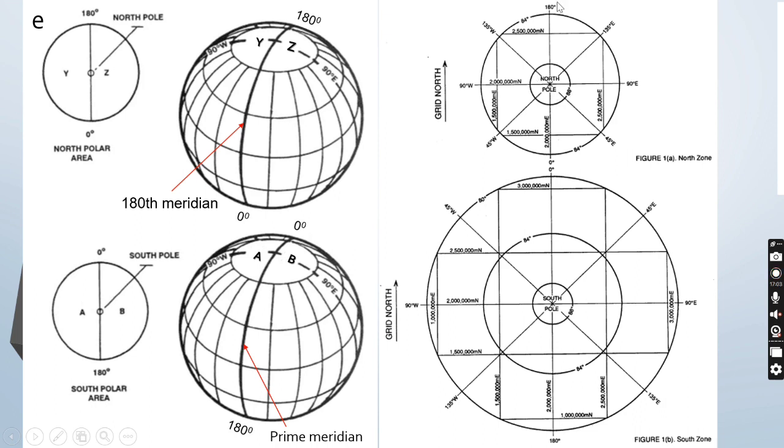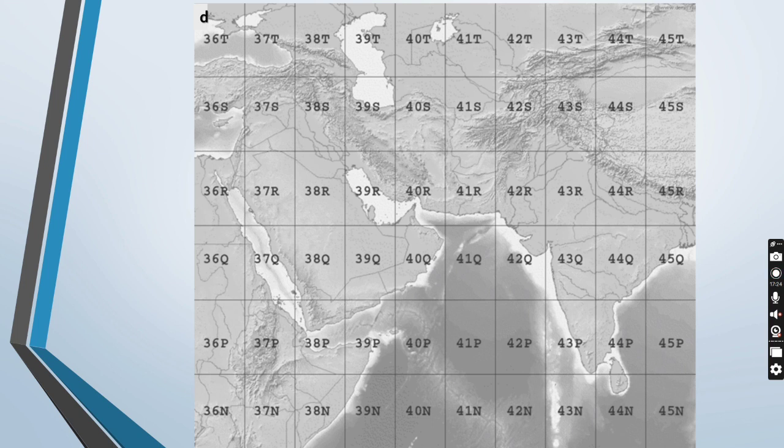Now here you can see the 0 to 180 line, this is 135 degrees east. Okay, this is 90 east. Here 0 to 180 like this, 45 degrees east will come this side. So for UPS, this kind of projection understanding is very much required and essential for the polar parts.